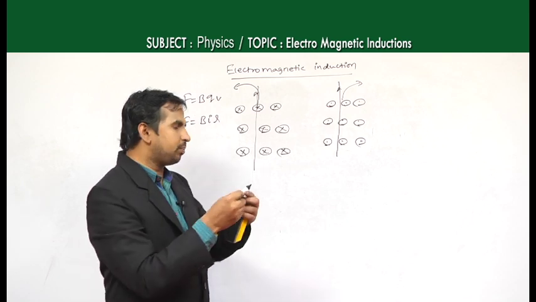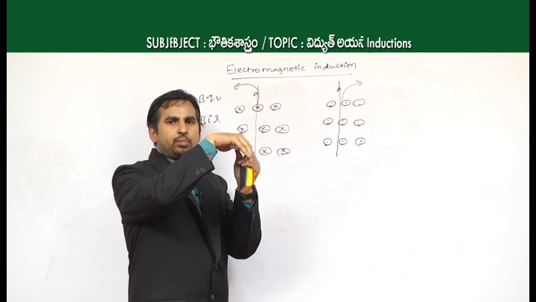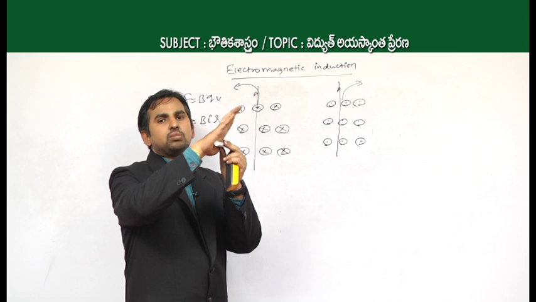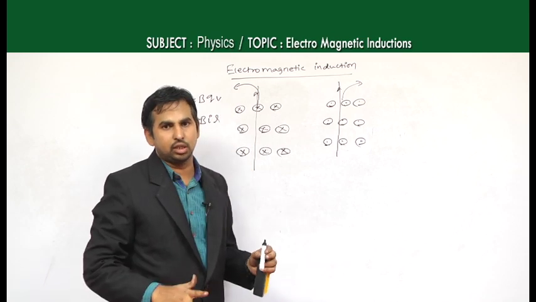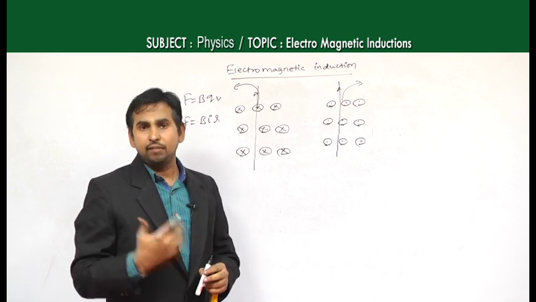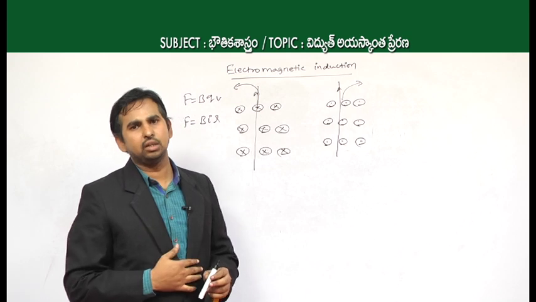If it is into the plane, then the magnetic lines of force are in the clockwise direction. So by using this right hand thumb rule, we can find the direction of the magnetic lines of force around a current carrying wire.